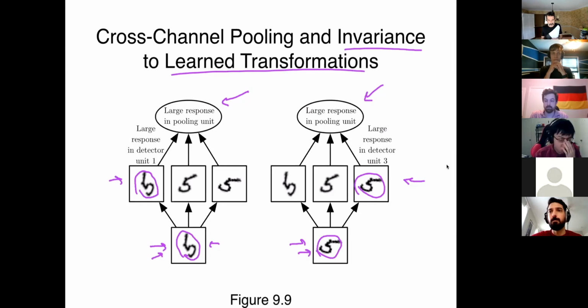Think about it this way: you don't want to learn a different model for the images that are tilted to the left and a different model for digits that are tilted to the right. You want to show them any sort of images, however they are tilted or look, and have one model for detecting those.